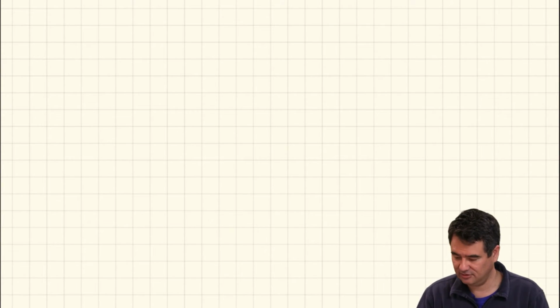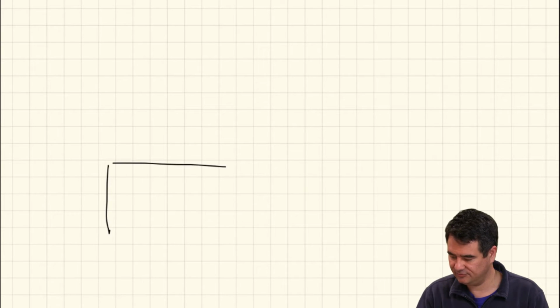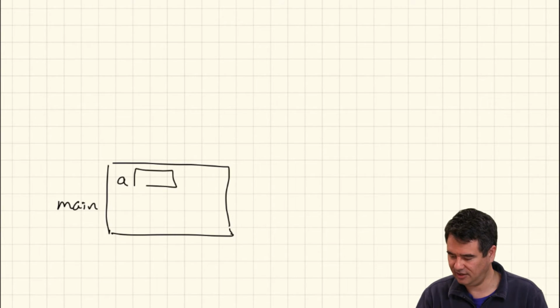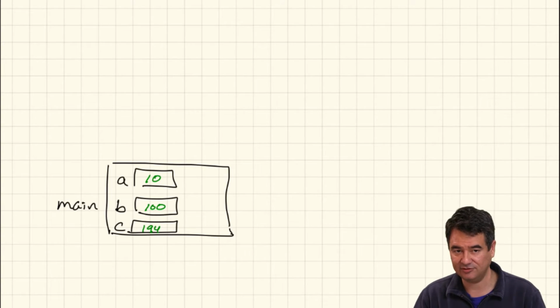In my program here, here's main, and there's a variable called A, a variable called B, and a variable called C. Inside A was 10, inside B was 100, and C we saw was 194, which is the address of where A lives.